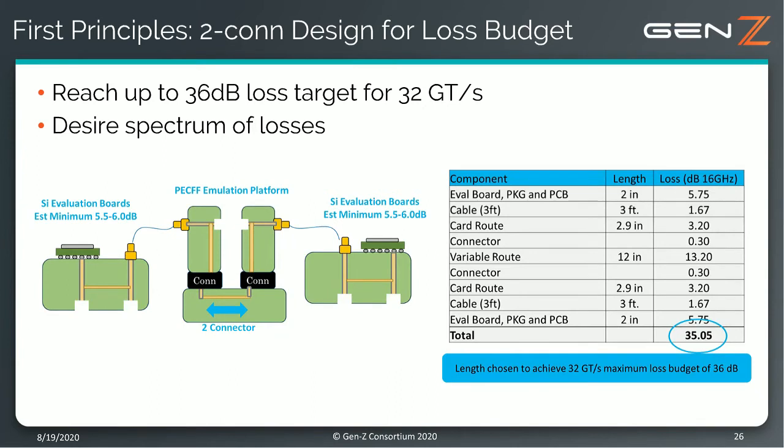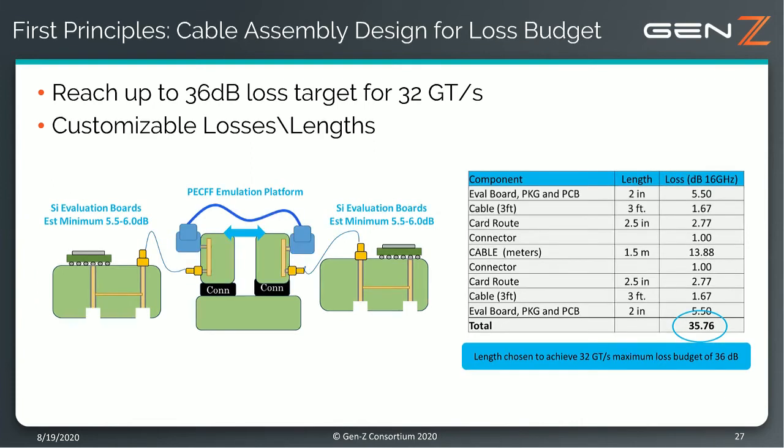We completed the same approach for two connector interface, passing through that backplane and choosing a couple of different lengths for the PCB backplane. Then we repeat the same thing for the cable topology, determining what length we would think is appropriate on the riser card, and thinking about what different lengths of cable would also make sense. Okay, so same approach applied to all three topologies.